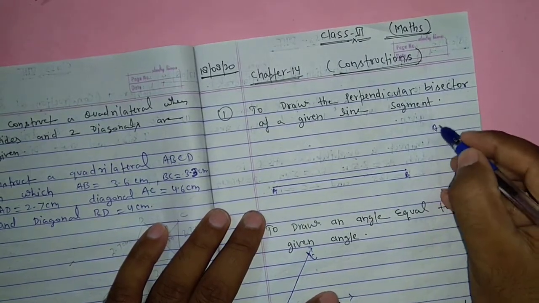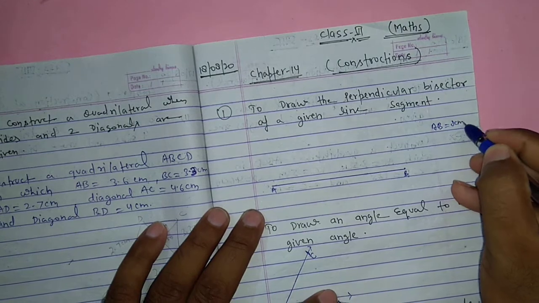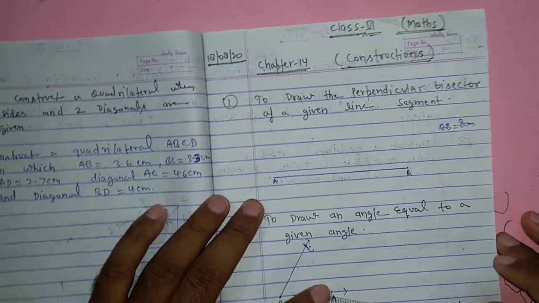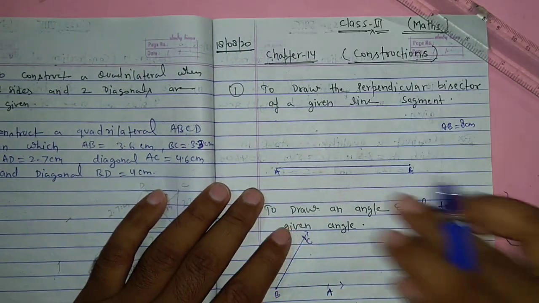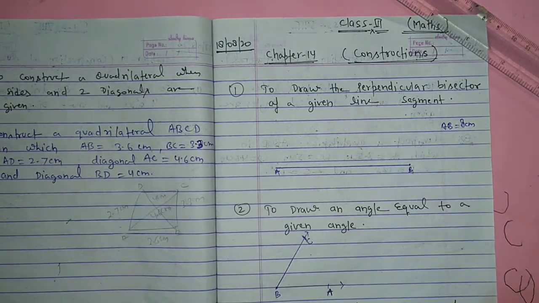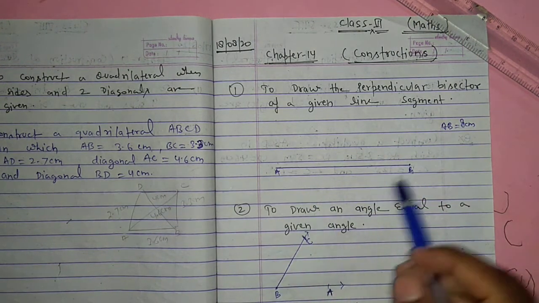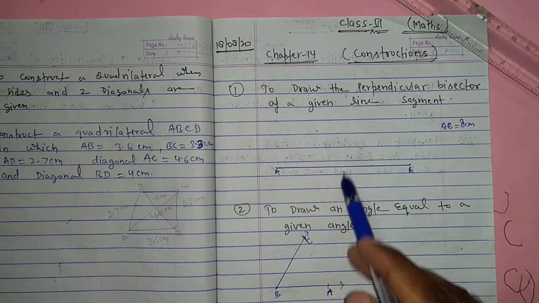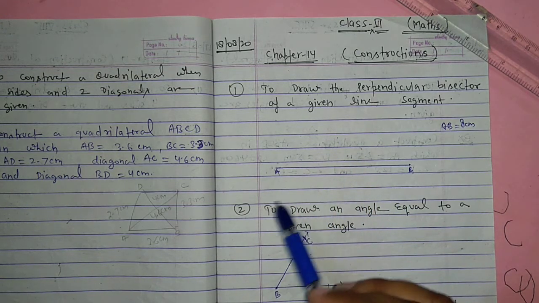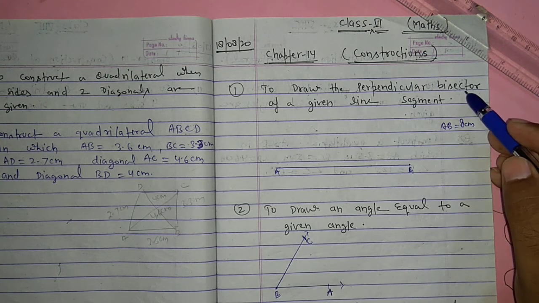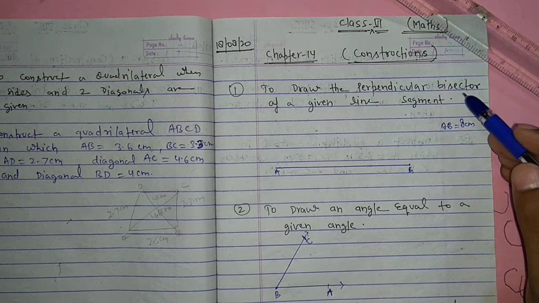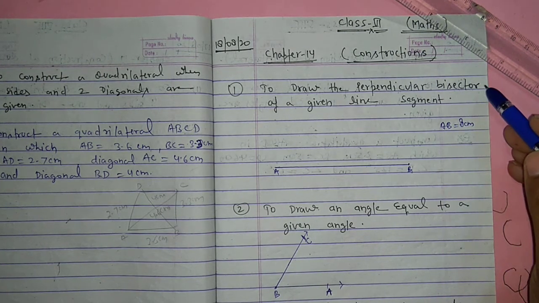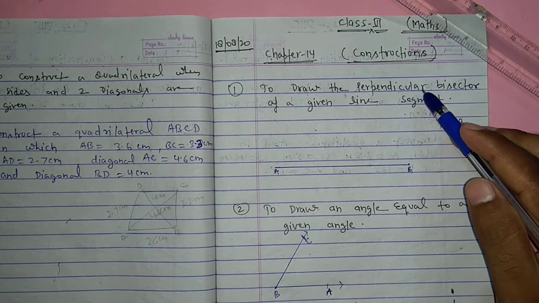So AB is equal to 8 centimeter. How can we draw the perpendicular bisector? Perpendicular means a line which divides this line AB at a straight line into equal parts. Bisector means cut anything into two equal parts. Perpendicular means at 90 degree.